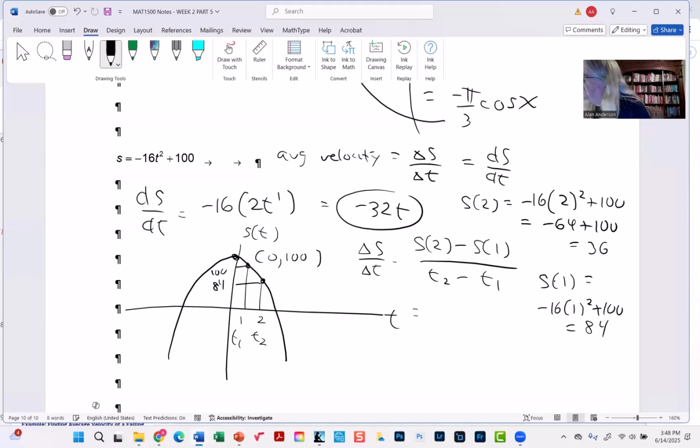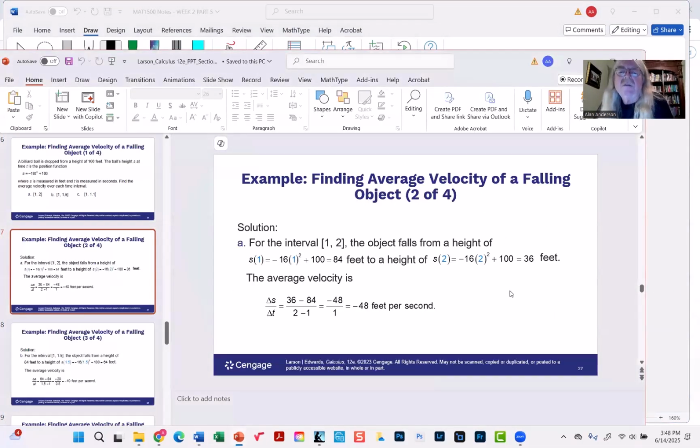So when we plug in these numbers, we're going to get, in other words, minus 48 feet per second.